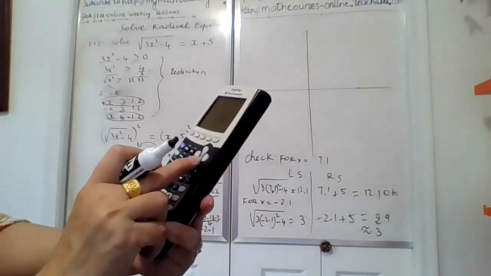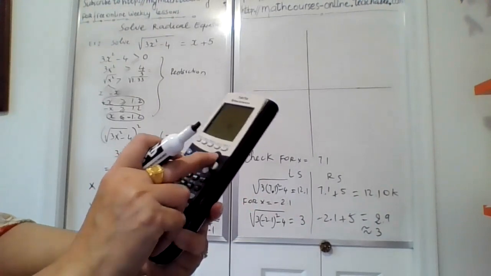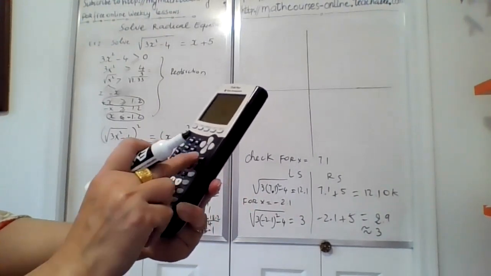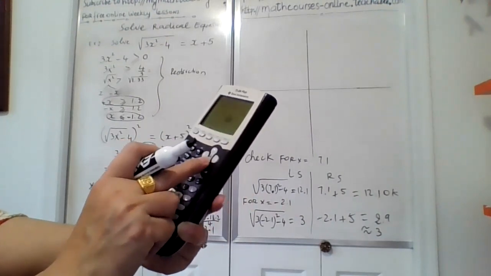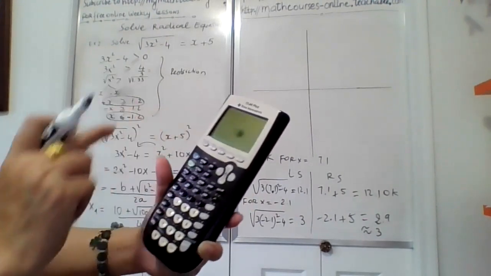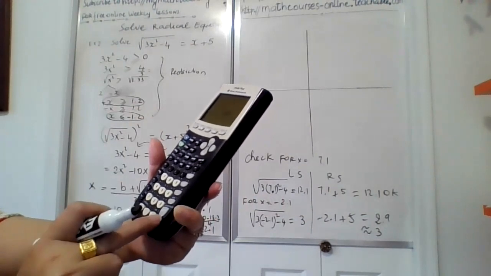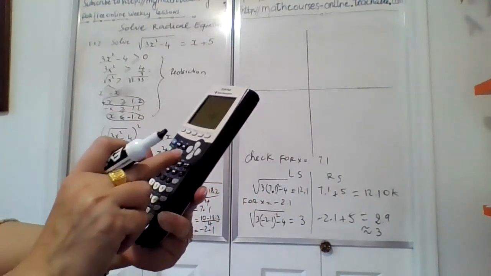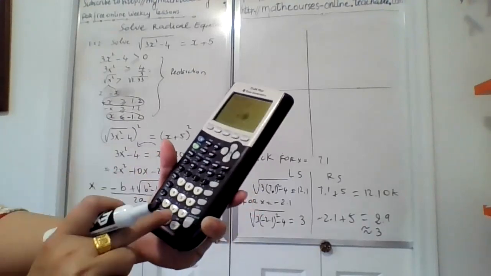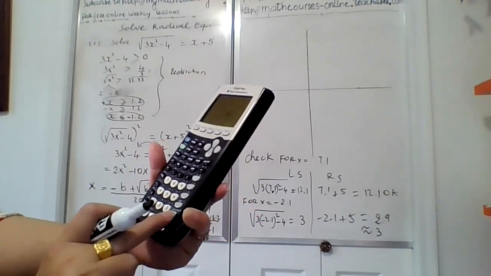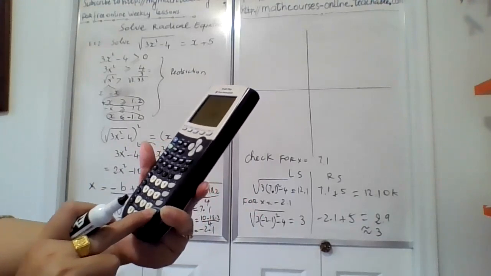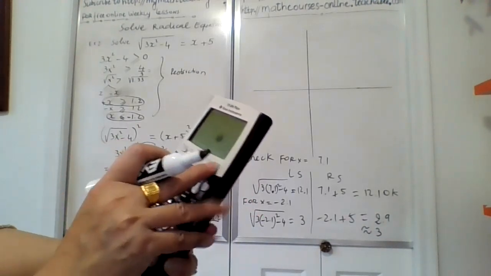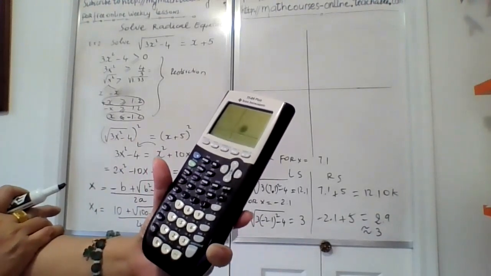The x looks the same, but the y maximum, let me change it to 15. The minimum I'm going to change to minus 5. And the y maximum I'm going to change to 20. Okay, let's see how the graph changes.